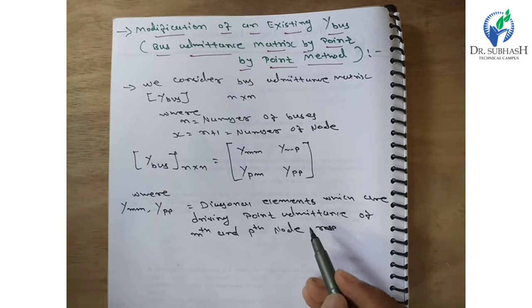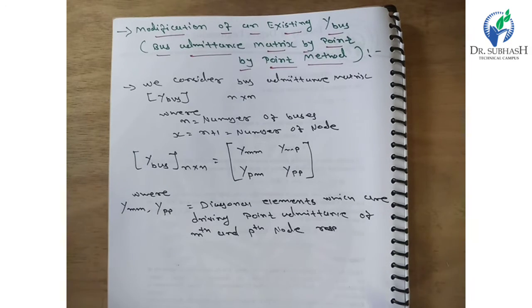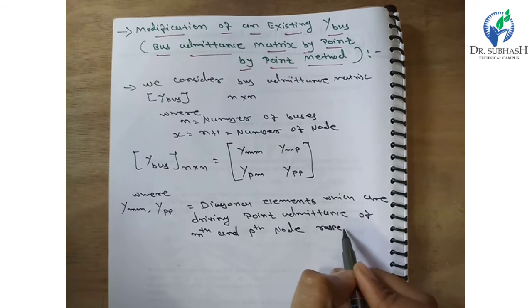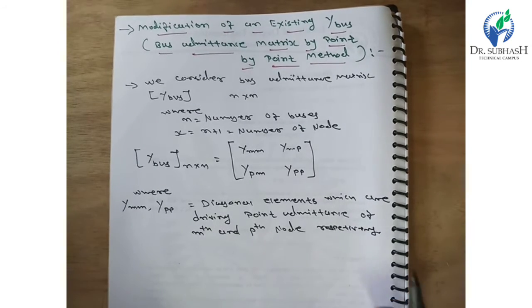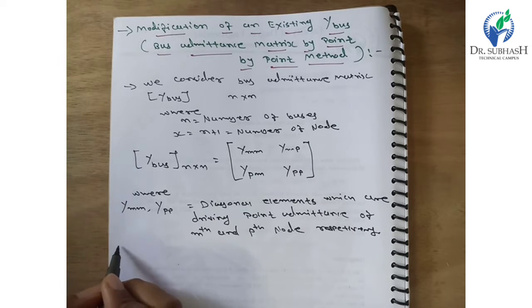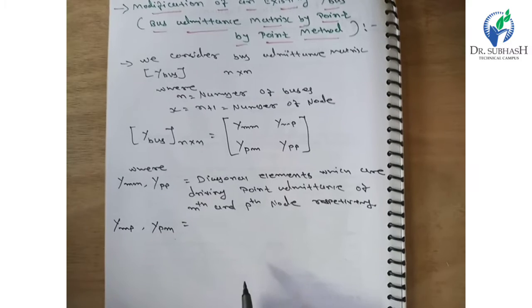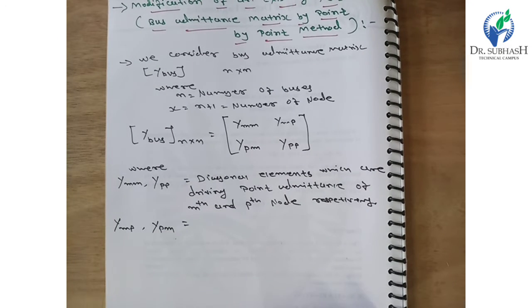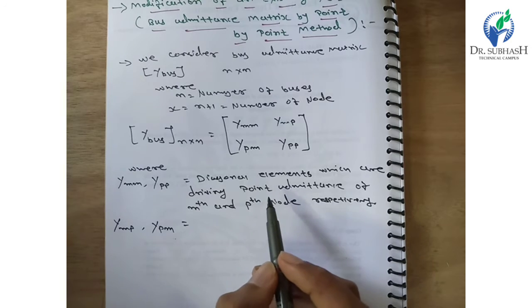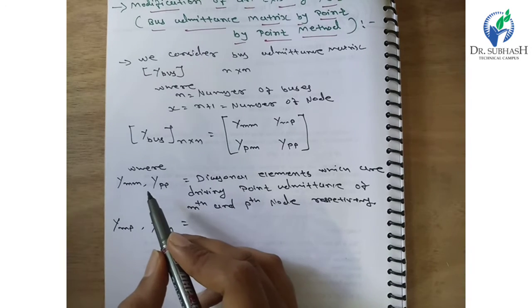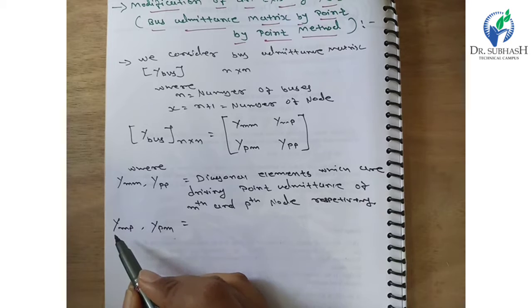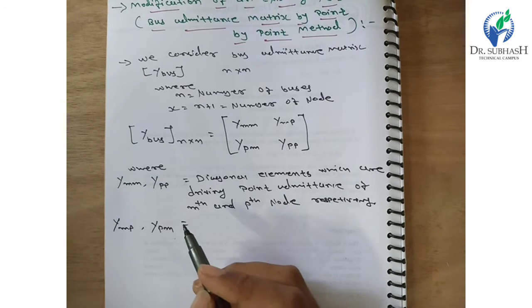The values Y mp and Y pm are the off diagonal elements, which are the transfer admittance between the pth and mth node respectively. Here Y mm and Y pp are self admittances, and Y mp and Y pm are mutual admittances.